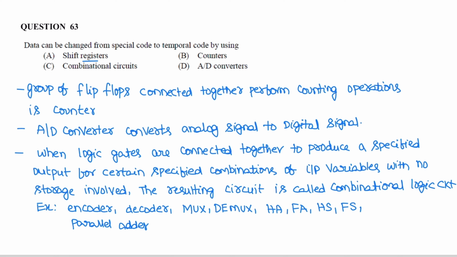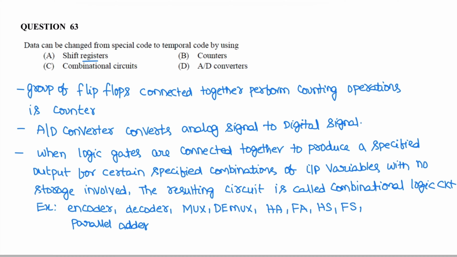Examples are encoder, decoder, multiplexer, demultiplexer, half adder, half subtractor, full adder, full subtractor, and parallel adder. These combinational logic circuits don't convert spatial code to temporal code.